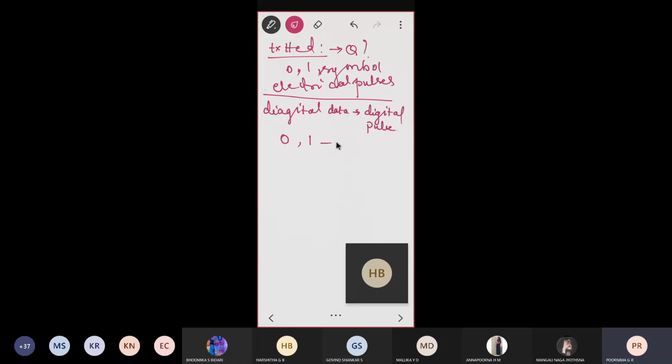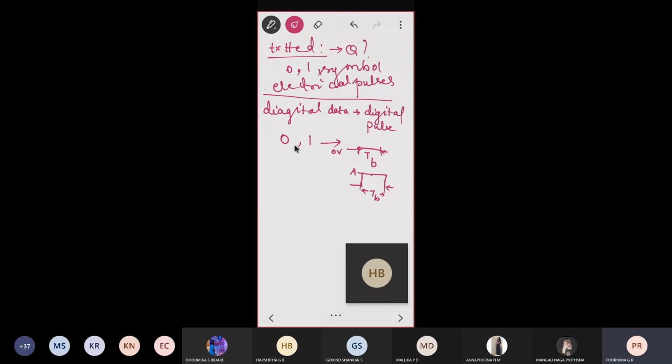When it is converted into a digital pulse, having a time duration of some bit duration, let me represent it as TB, the 0 I'll represent with 0 volts for some duration, and the 1 with the same time duration having some amplitude. Let me call that amplitude A.